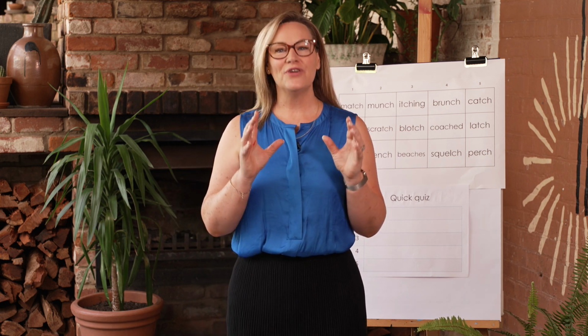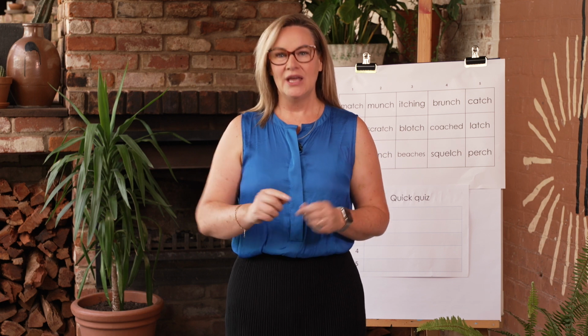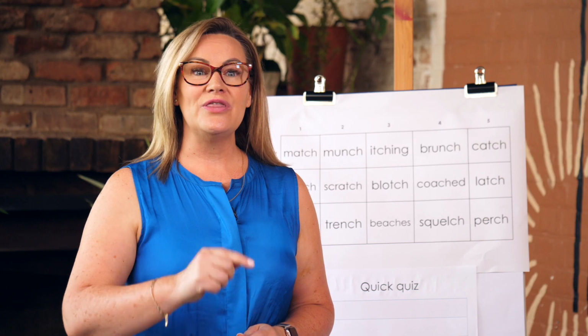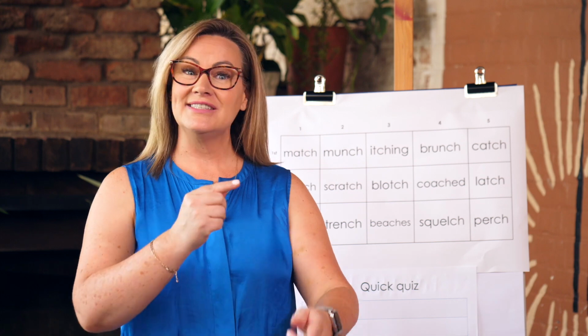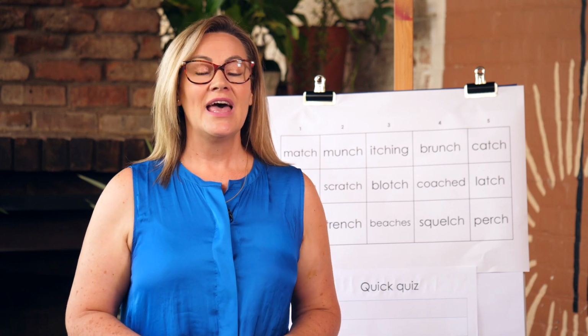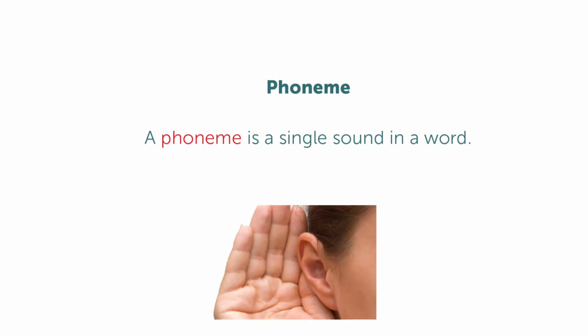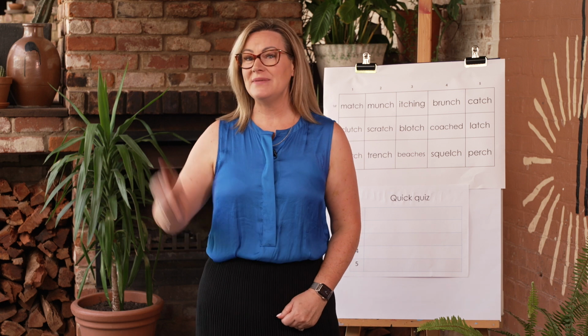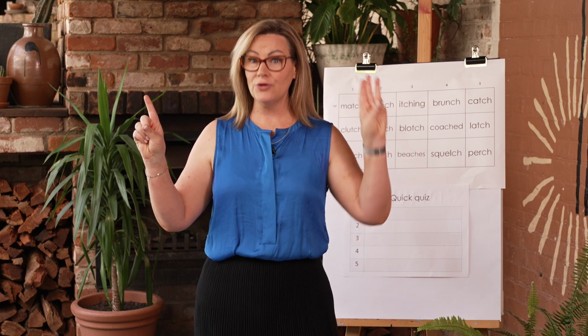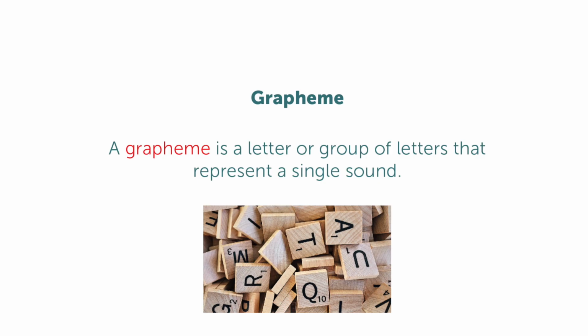Today, we've got a vocabulary focus. We're going to start today with those definitions, so say them along with me. A phoneme is a single sound in a word. A grapheme is a letter or a group of letters together that represent one sound.